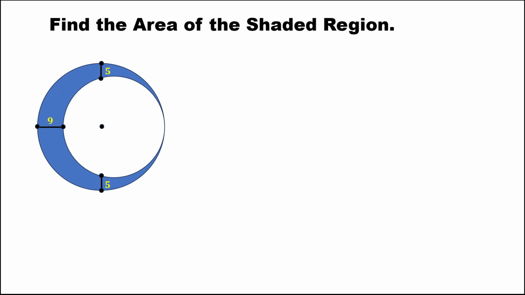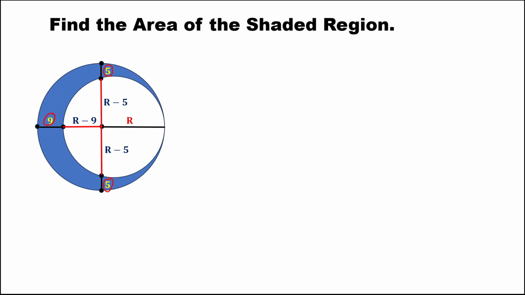So for this problem, to find the area of the shaded region, take note, from this big circle, this one is the radius, from the center to any point of the circle. Therefore this length is equal to the radius minus 9, and this length is equal to the radius minus 5.